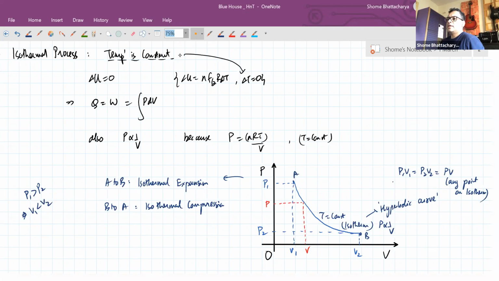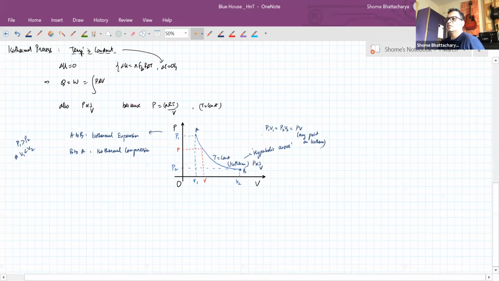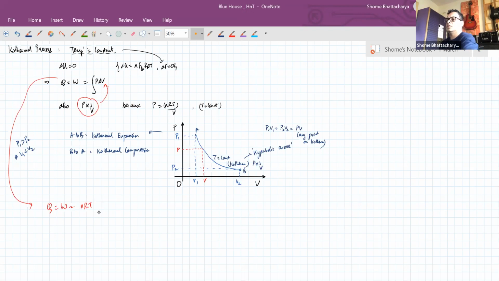Okay, so now when it comes to calculating the work done, we have to substitute this condition that pressure is inversely proportional to volume in this. So the heat supplied, which is equal to the work done, is the integration of pressure with respect to volume.